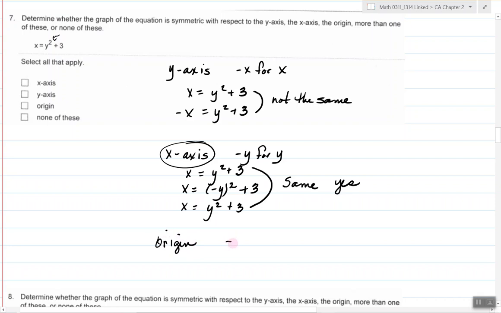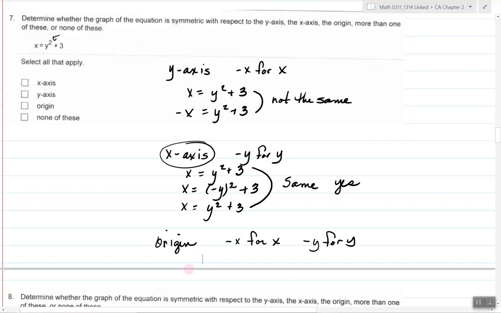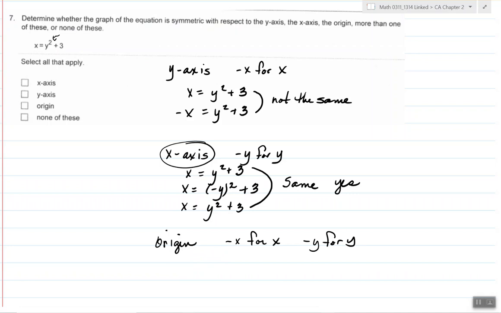For the origin, you're going to put negative x for x, negative y for y. Oh, sorry, I need more room. The original is x is equal to y squared plus 3.